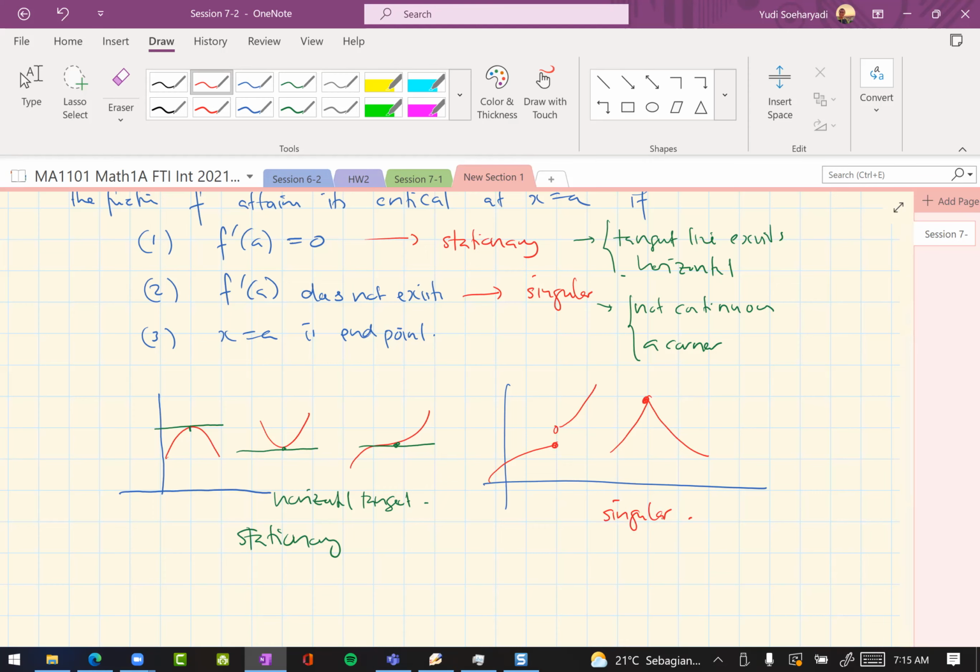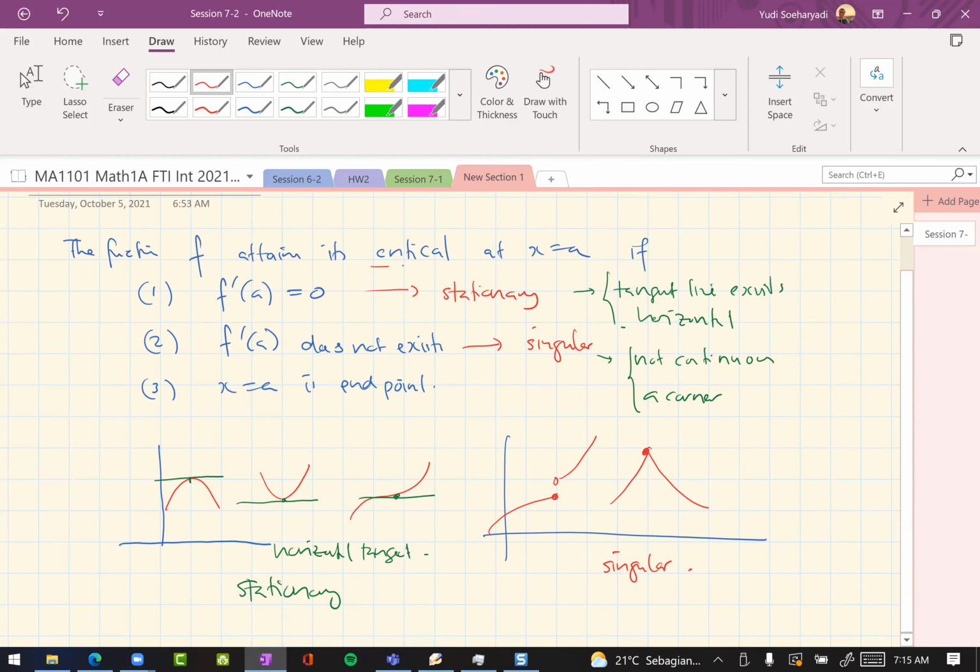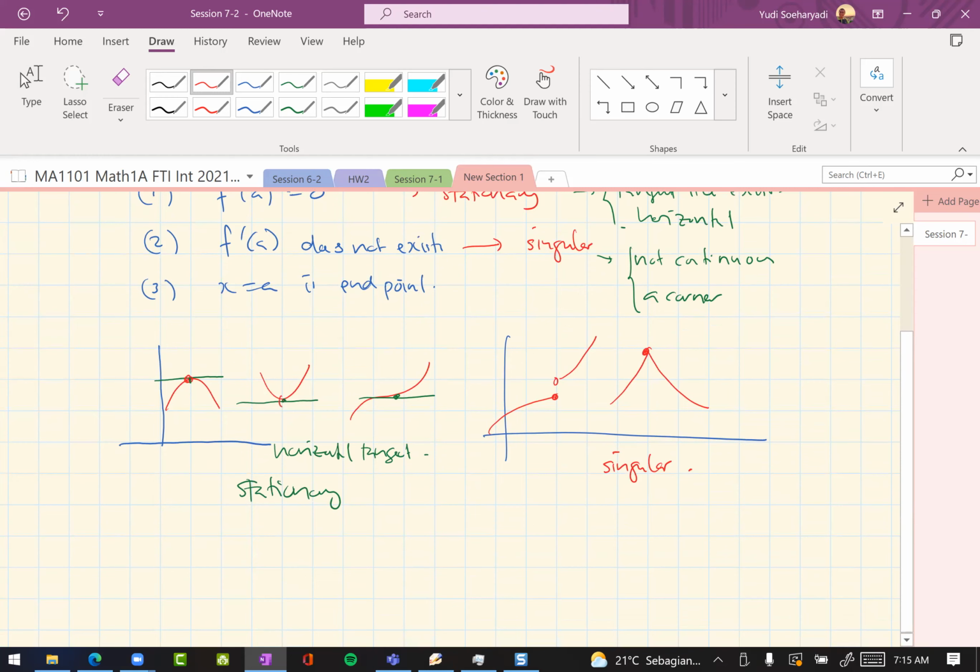All right. So what is our concern about the critical point? Okay. And sorry, this is the critical point. What we call the critical point is (a, f(a)). A point corresponds to a coordinate, so it has an x coordinate and a y coordinate.